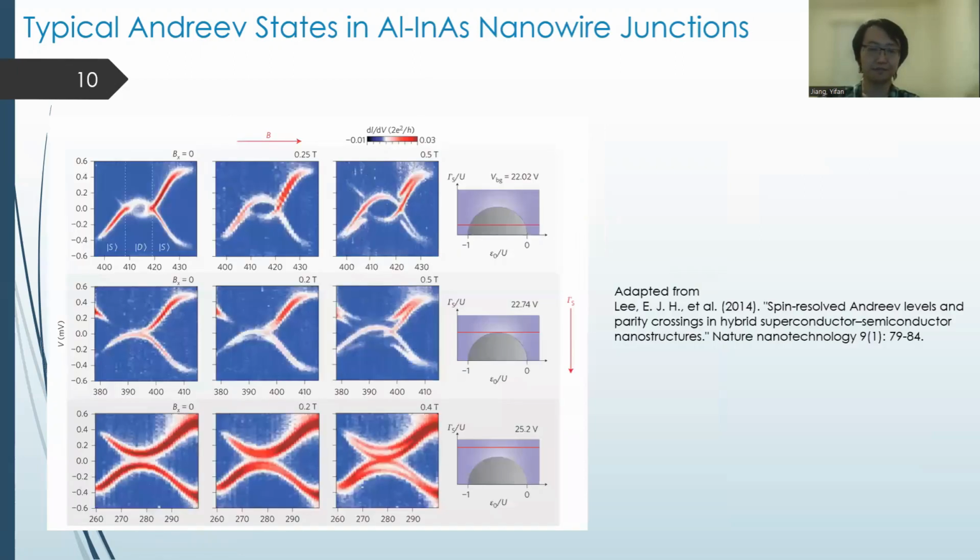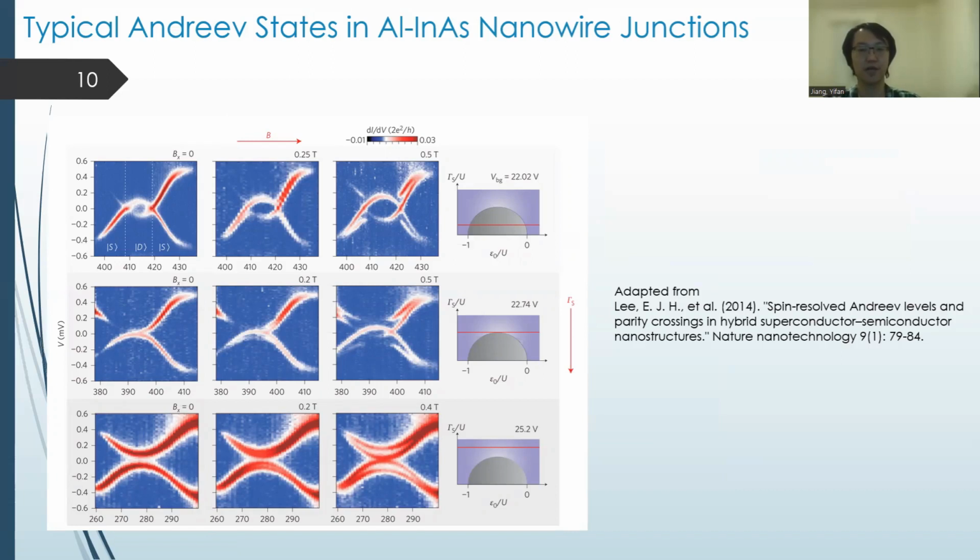For the Andreev bound states, they can have many features. In our device, we know that there are quantum dots, and if a quantum dot is coupled with a superconductor, then there could be Andreev bound states. Andreev bound states are a trivial set, not topological, and they have different features.